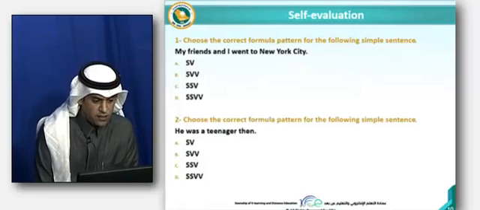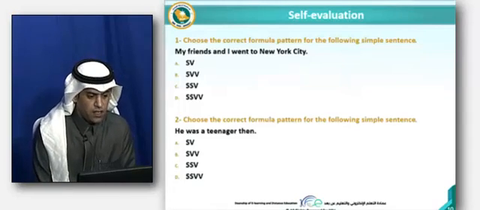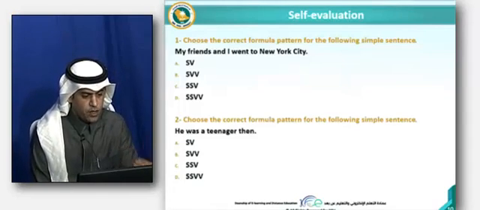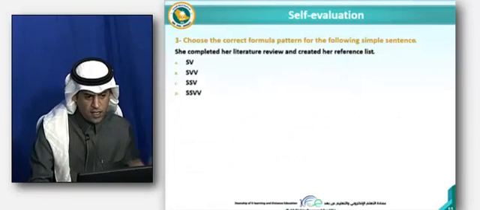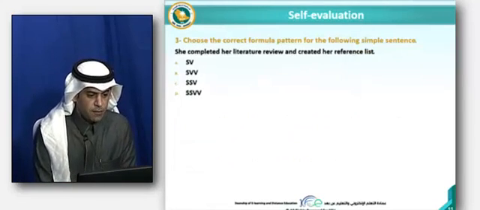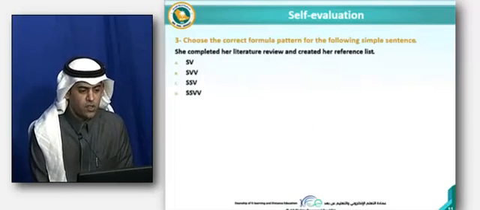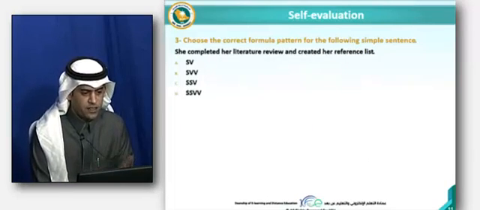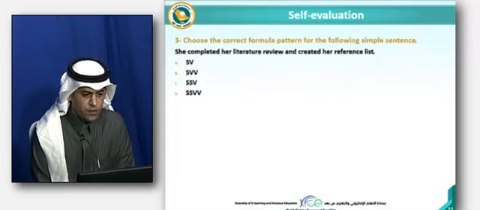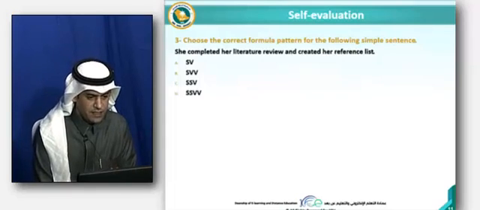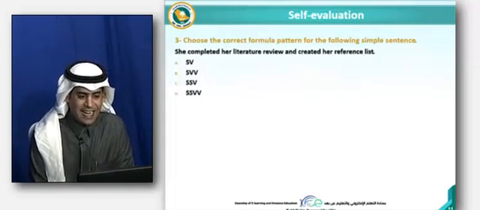For the next one: He was a teenager then. We have just one subject and one verb, which is was. As for the third: She completed her literature review and created her reference list. She is the subject, just one subject. As for the verbs, we have two verbs. The first one is completed, and the second one is created.